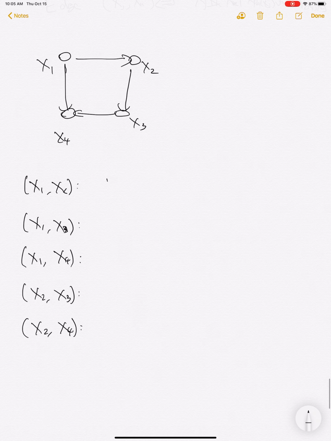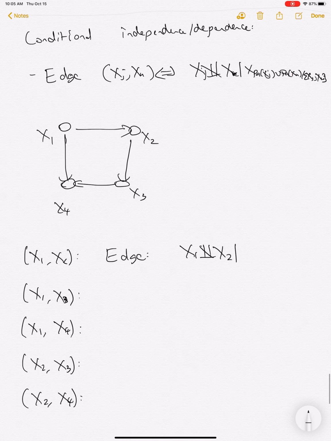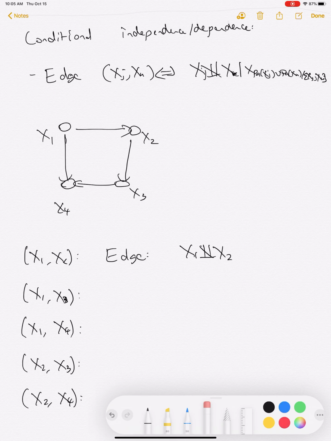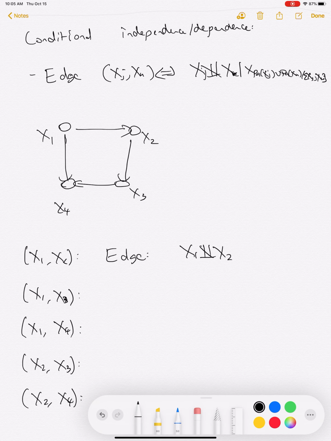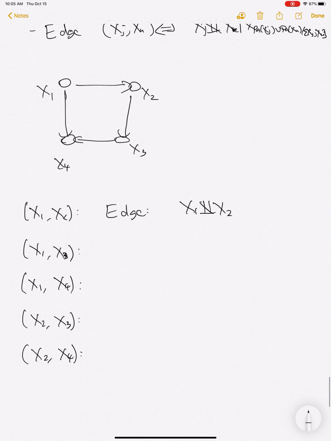So we have an edge between this, so that means that it's a dependence. And then what is the dependence? We've got to condition on the parents, but there's no parents to condition on because the parents of x1 is just empty. I'll just put in brackets, no parents, because the only parent of x2 is x1, and we exclude that from here. x1 to x3 is no edge.